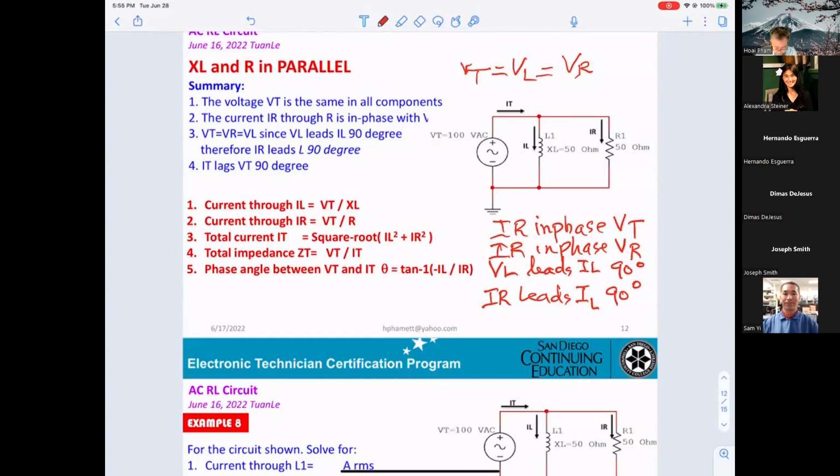You have to use the formula: square root of IL squared plus IR squared. If you want the total impedance, you take the total voltage divided by total current. And the phase angle will be tan⁻¹ of minus IL divided by IR.